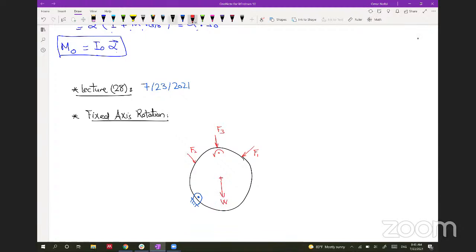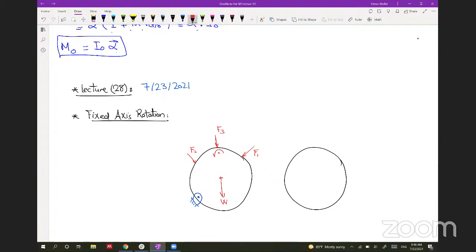To solve any problem, we need to draw a free body diagram and a kinetic diagram. So I will draw another circle and put all the forces on this body. You might assume that I have all the forces from the first figure here, but actually it's missing something.